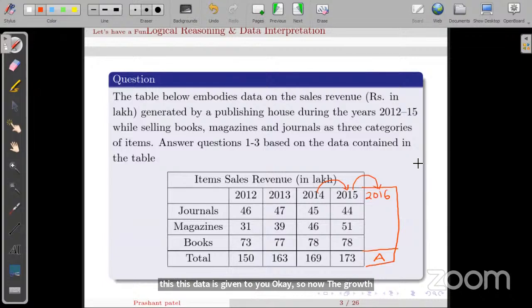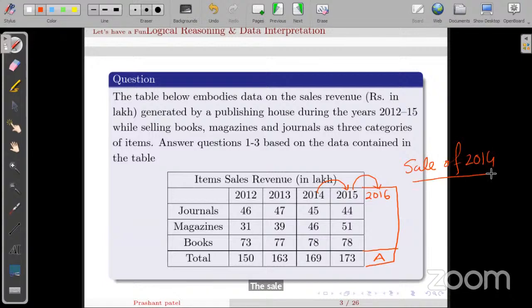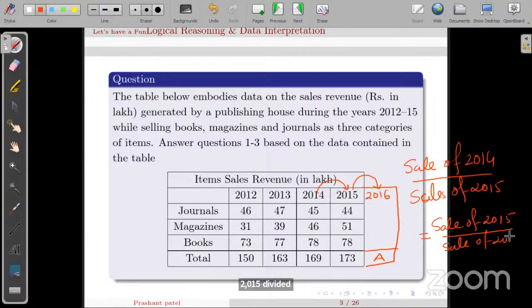Now the growth means what? The sale of 2014 divided by the sale of 2015, this is the growth. And this growth is exactly the same as 2015 divided by 2016.